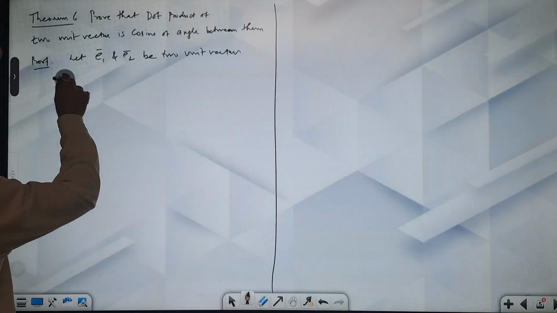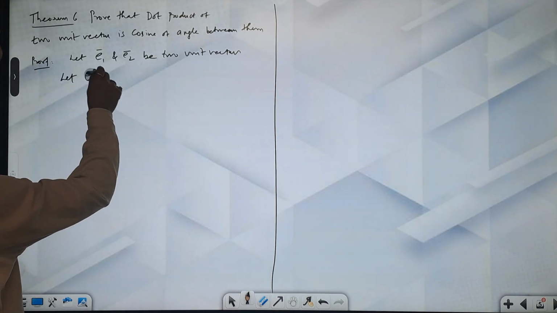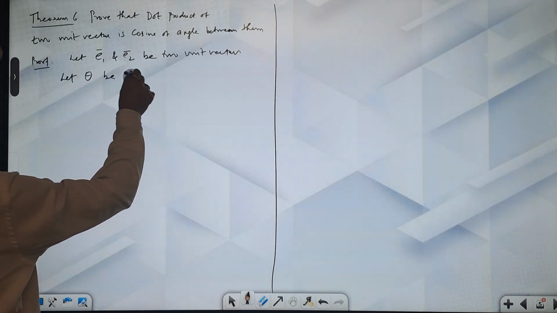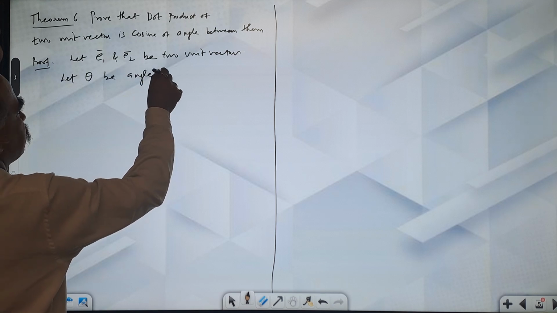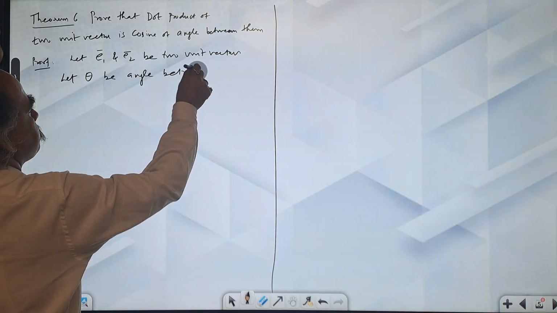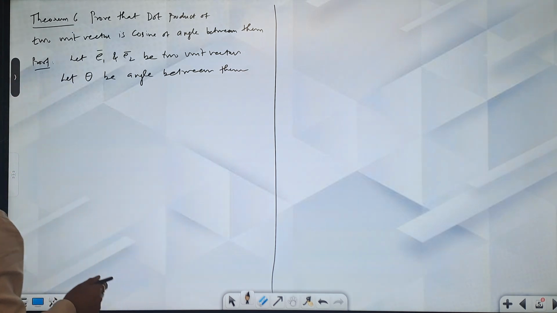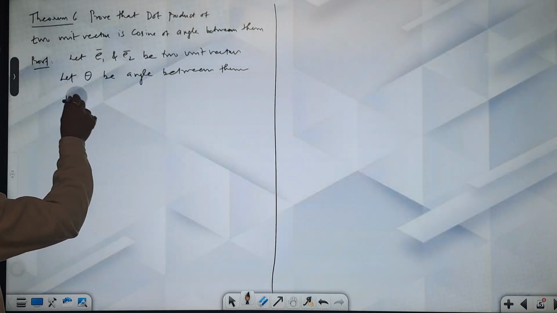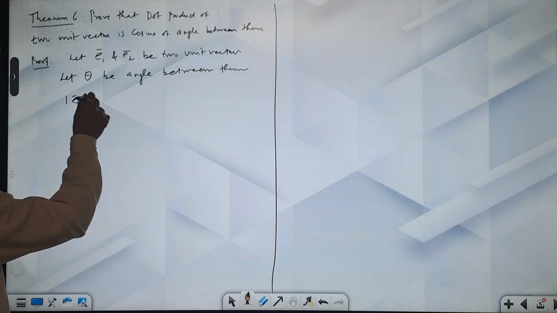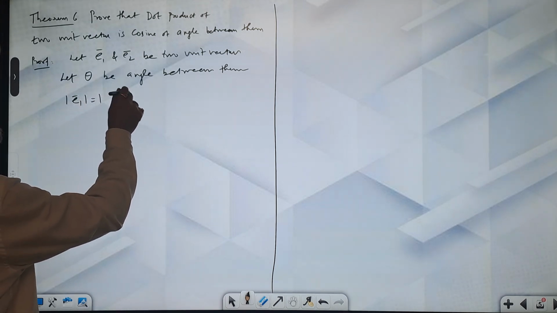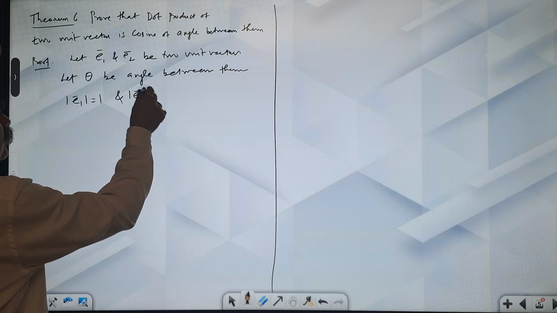Let theta be the angle between them. Mod E1 bar is 1 and mod E2 bar is 1 because they are unit vectors.